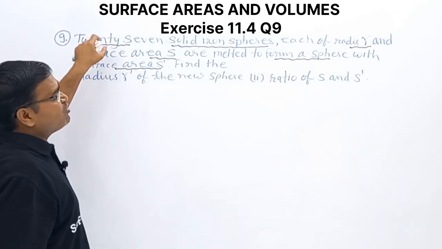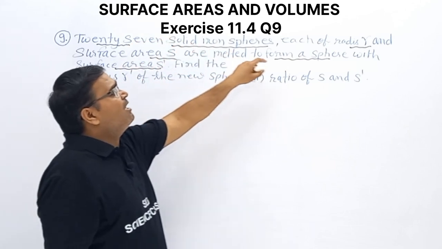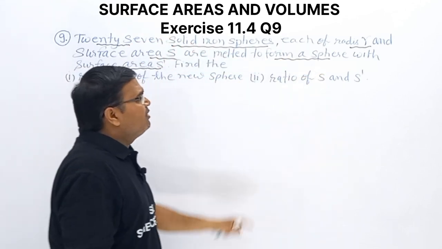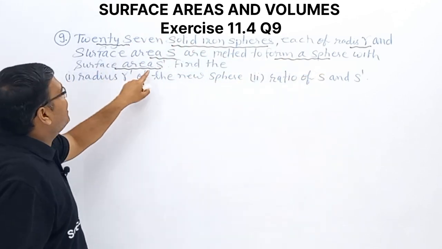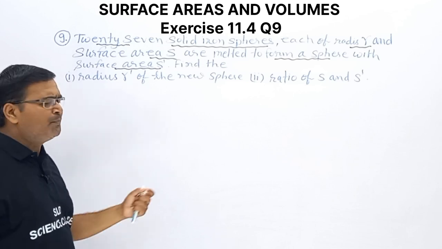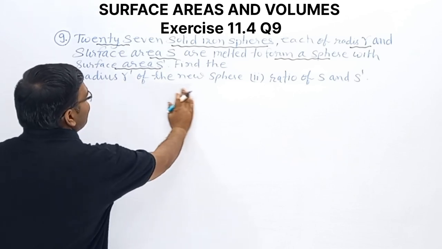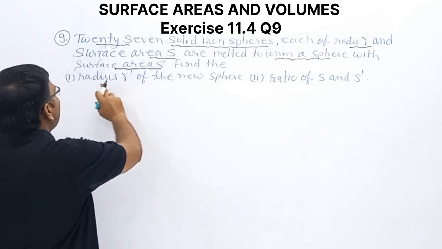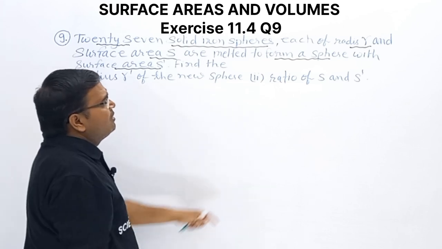Melting 27 spheres, we are making a new sphere, and the new sphere's surface area is S dash. Simple question. The radius r dash of the new sphere we want.